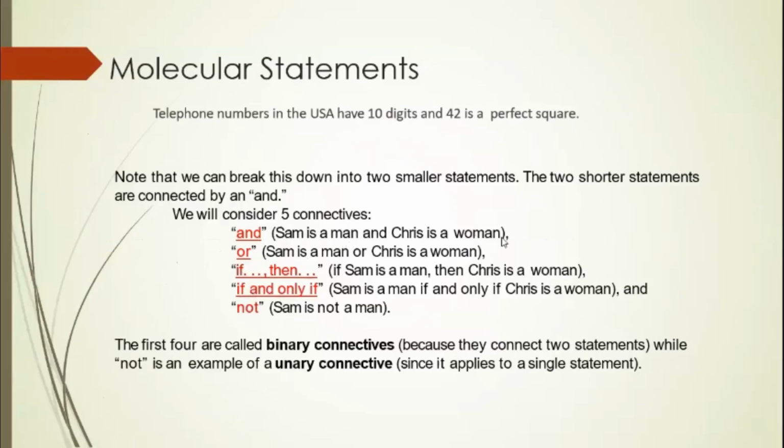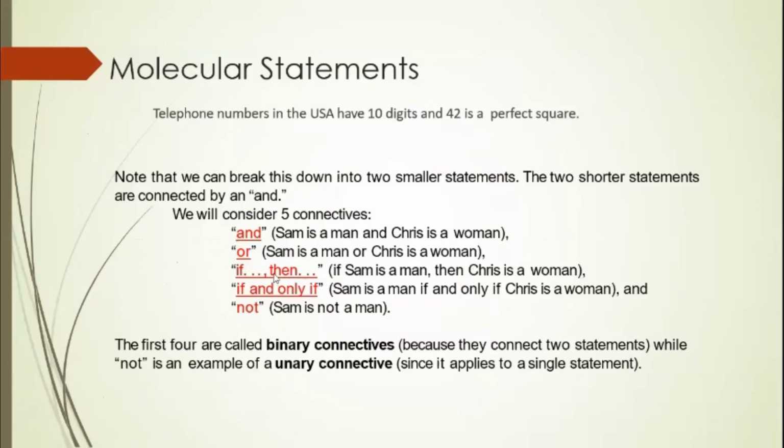Chris is a woman, another atomic statement. And then I combined them using a connective, and that connective is "and." Sam is a man and Chris is a woman. To make it into a molecular statement, I again made use of the connective "or." So Sam is a man or Chris is a woman.